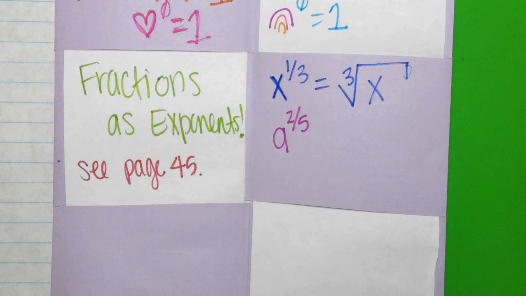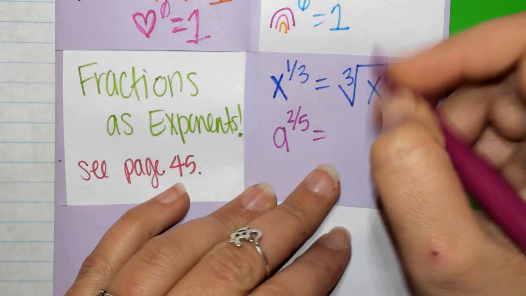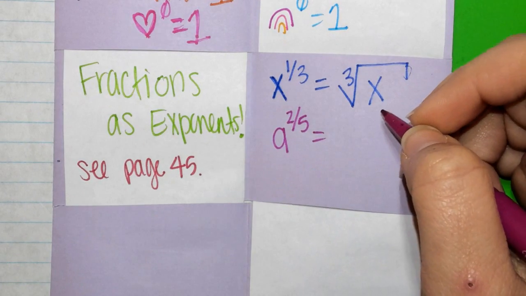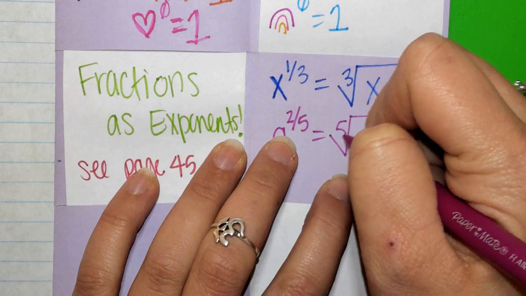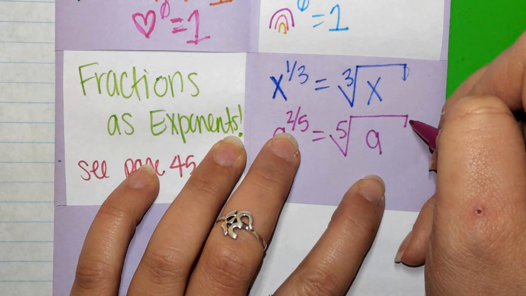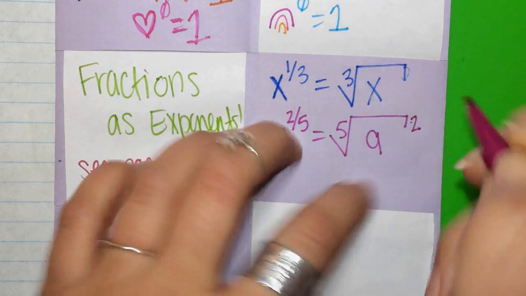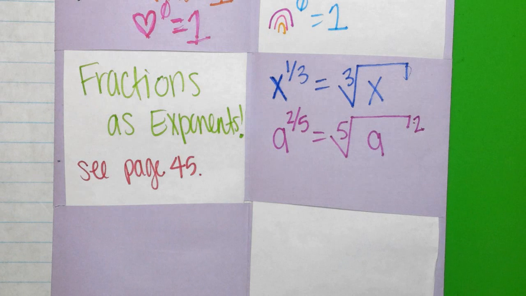You put the bigger number, oh, you put the big number in there. It's called the denominator. The denominator always goes right there. We're going to talk more about that on Monday.